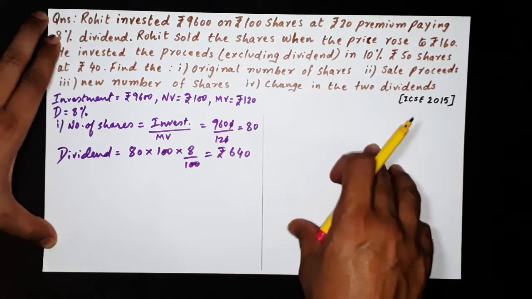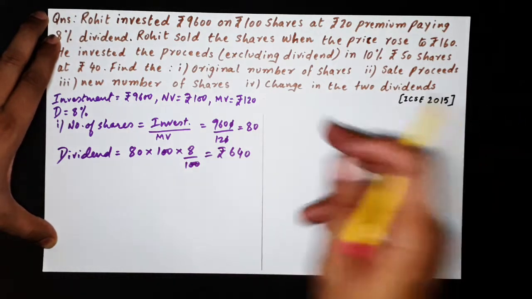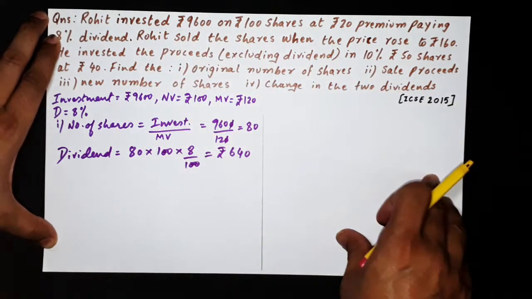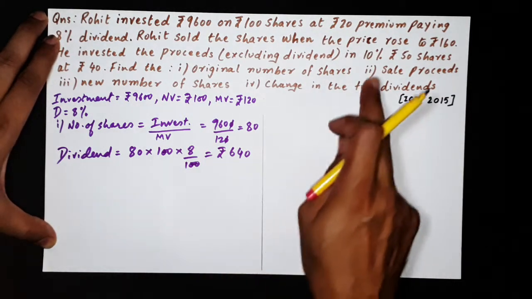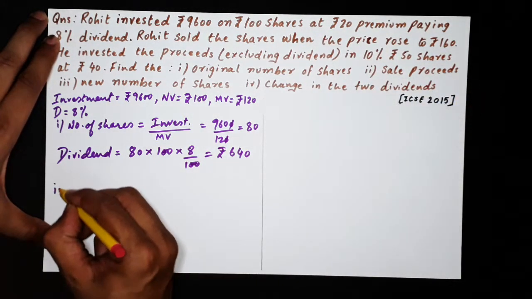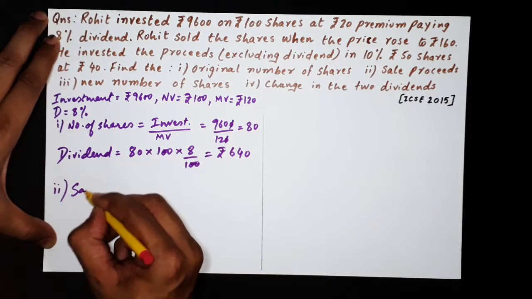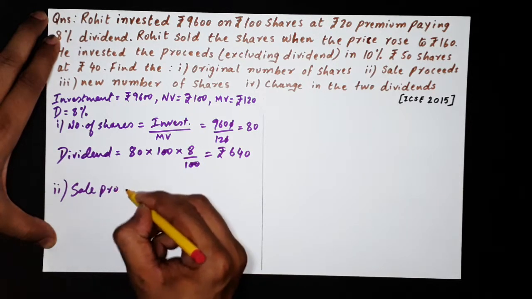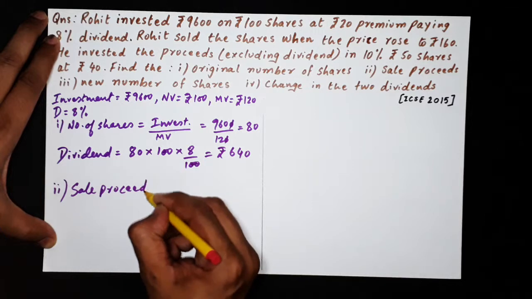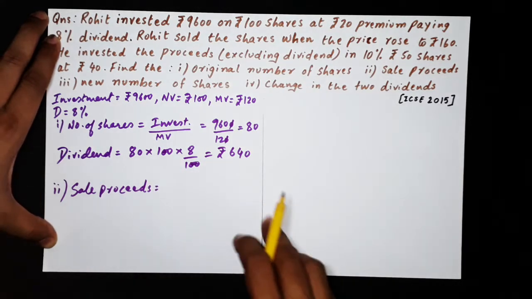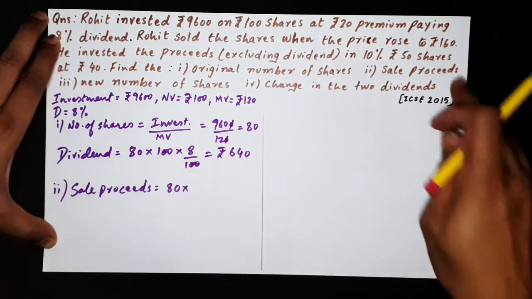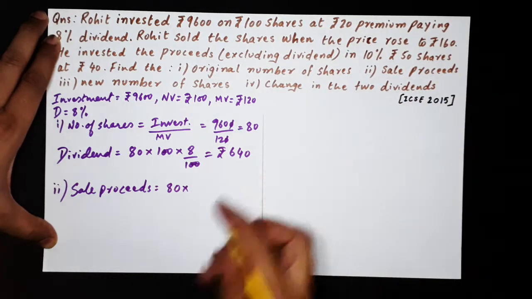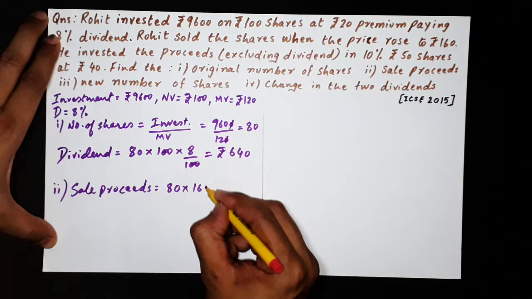Now he is selling this share. Rohit sold the shares when the price rose to 160. So that will be the sell proceed. The sell proceed in this case is the number of shares which he has, which is 80, and he is selling when the price rose to 160.